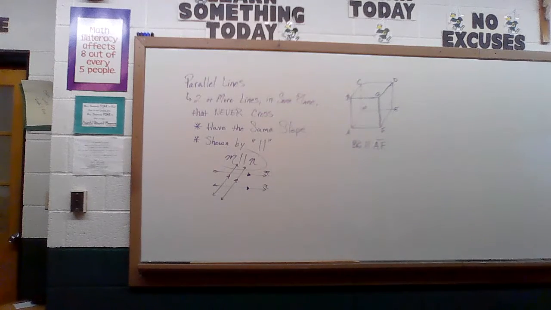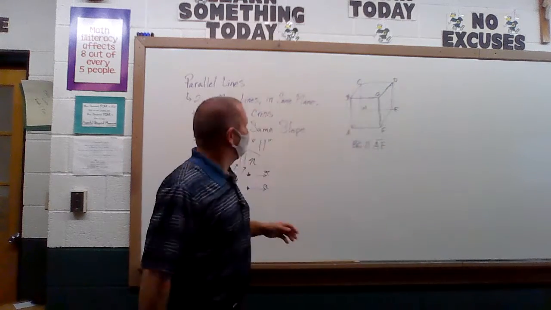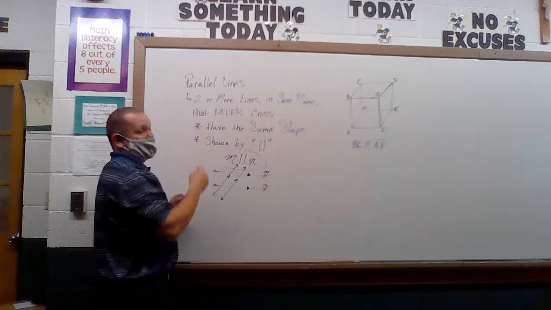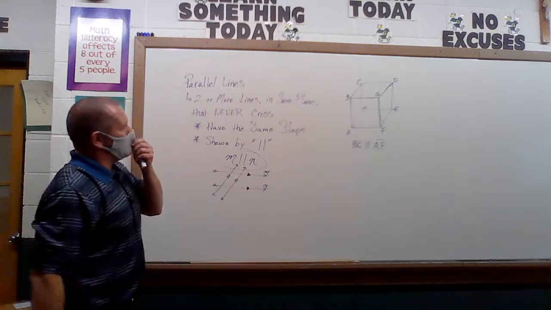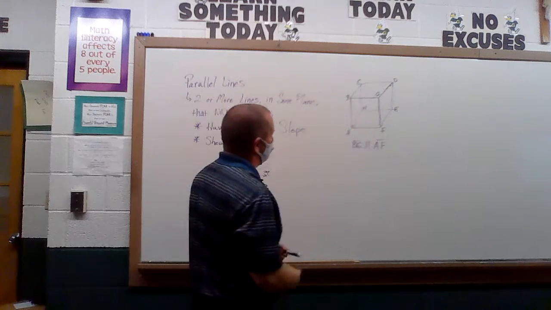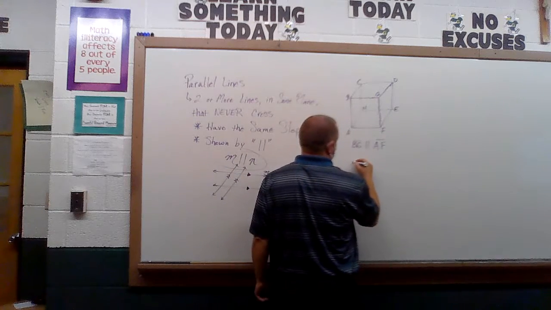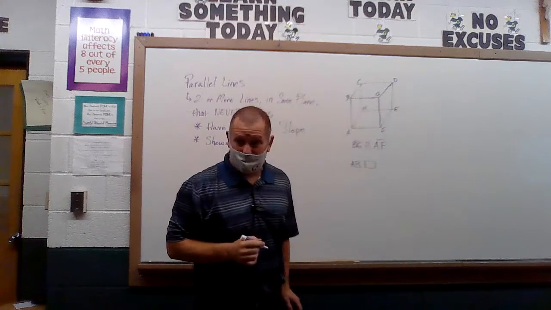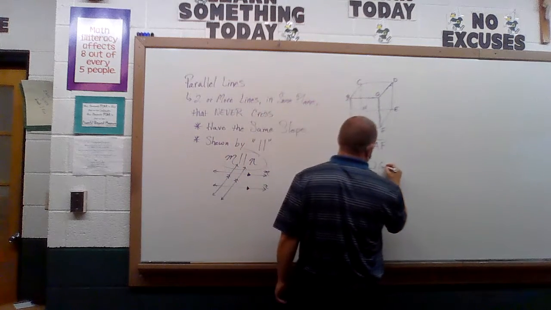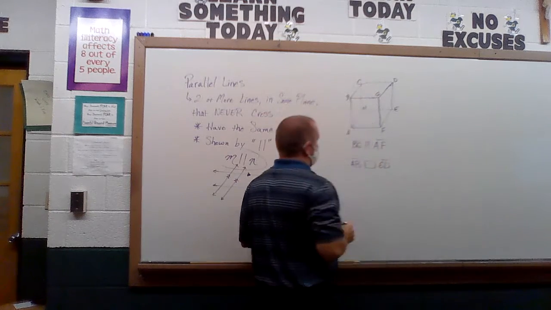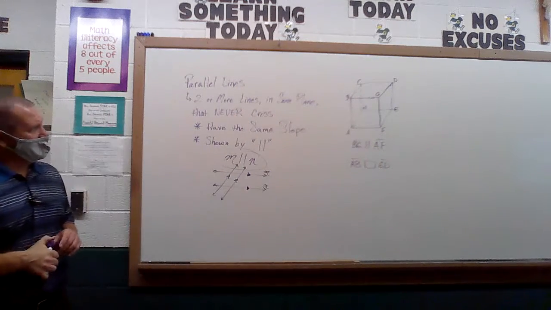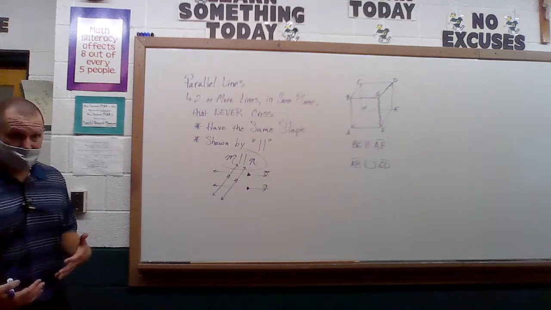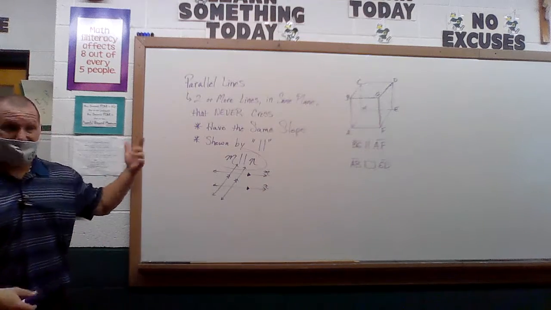Okay? So, by definition, we said that it was two or more lines or segments in the same plane that never cross that are parallel lines. Well, would you say that BA or AB, I'm going to put a box there and we're going to fill that box in, and GD, would you say that those two segments, if I turn them into lines, so basically extended them, would they ever cross each other?